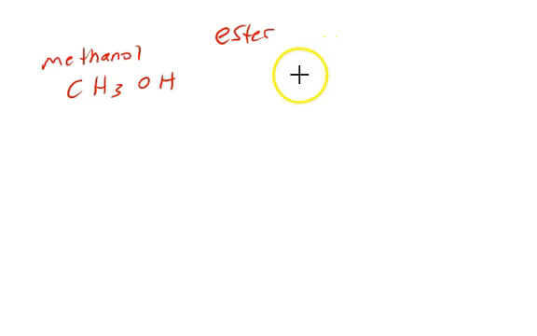And let's say I'm going to use butanoic acid as an example. So we'll put here C. Please remember the formula in case you forget this.